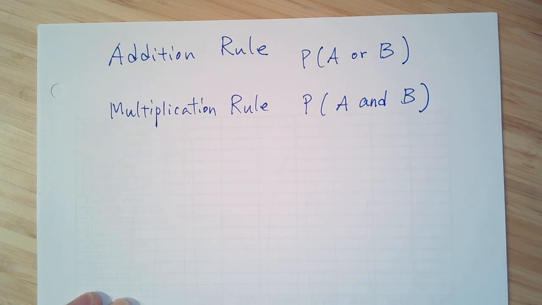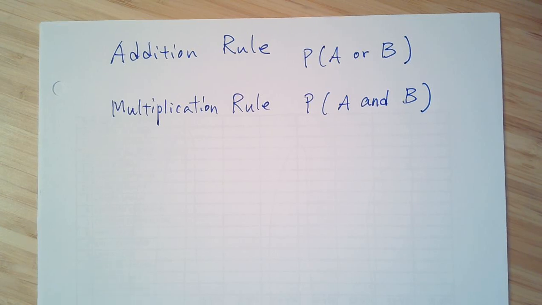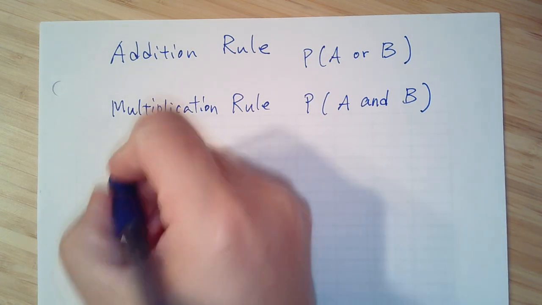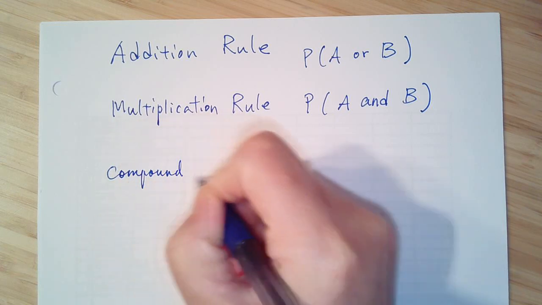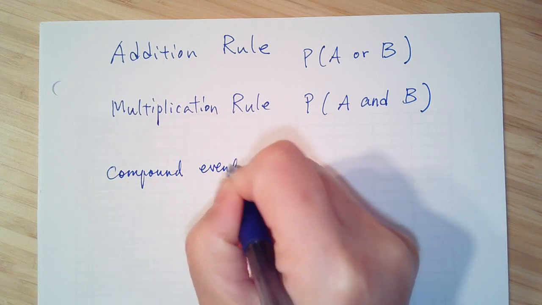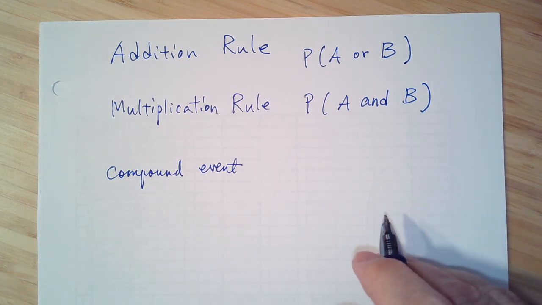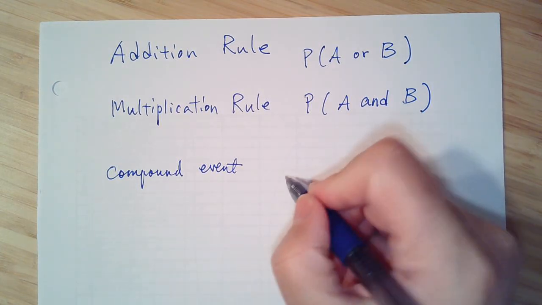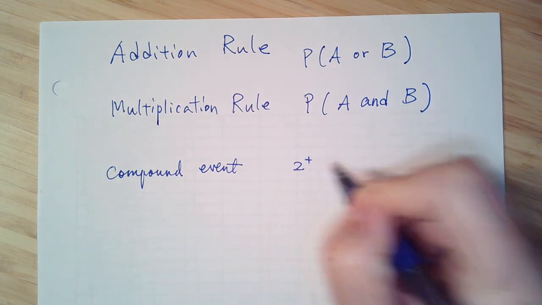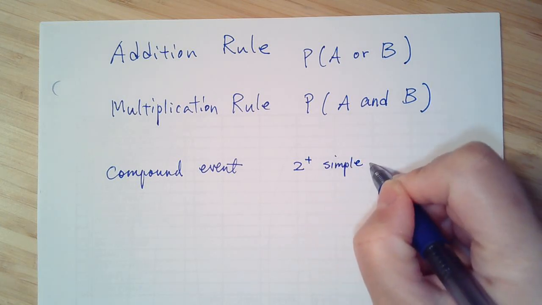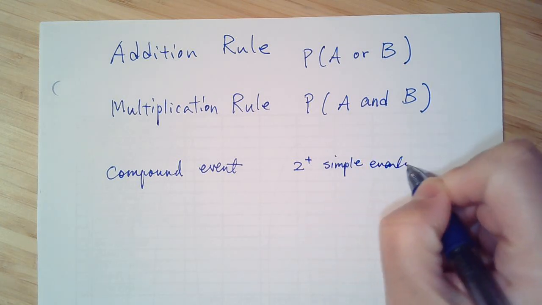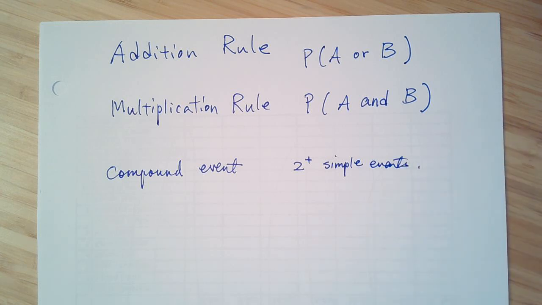First of all, let me introduce one concept. It's called a compound event. A compound event is an event combining two or more, one that contains two plus simple events. Do you remember what a simple event is? We just did that a little before.